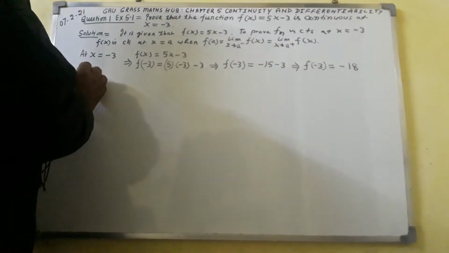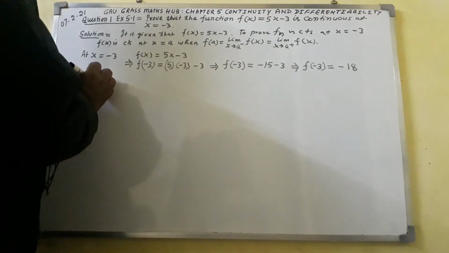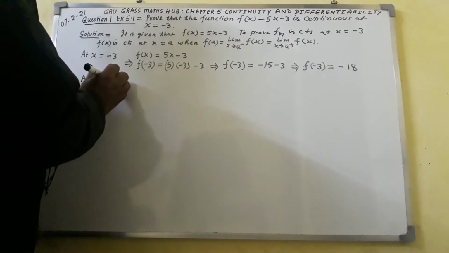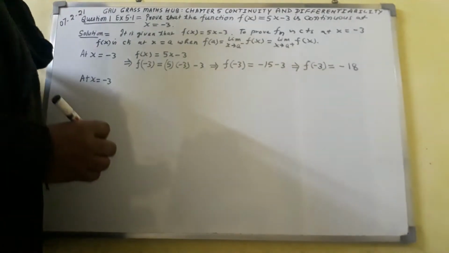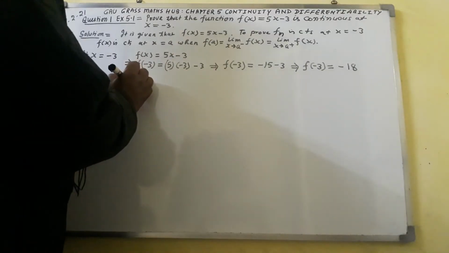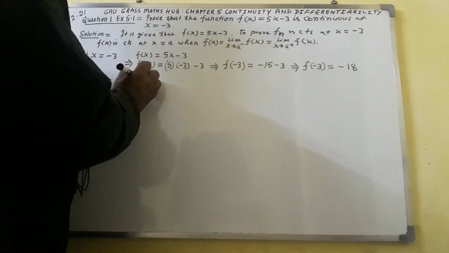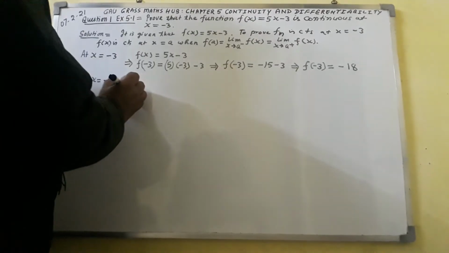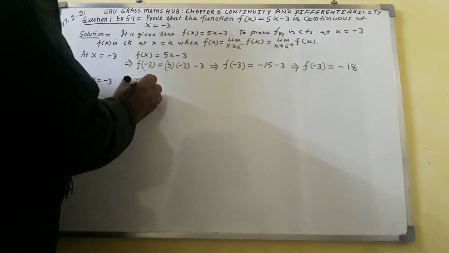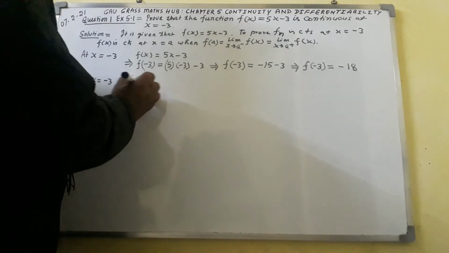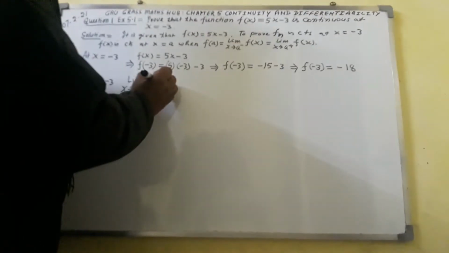Now think again. At x equal to minus 3, I shall try to get left hand limit. Left hand limit, x tends minus 3 negative, f of x.